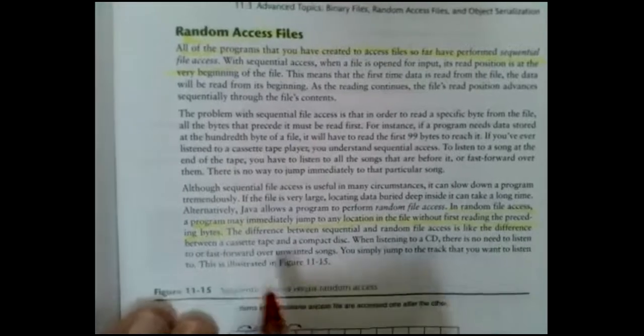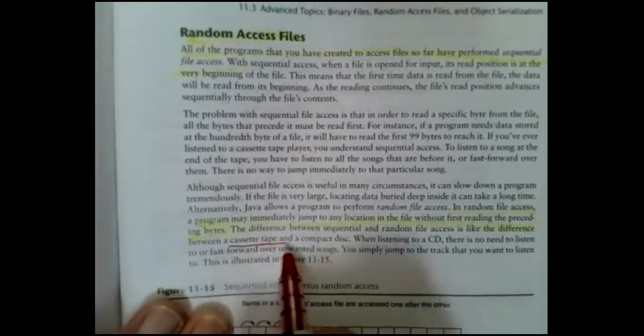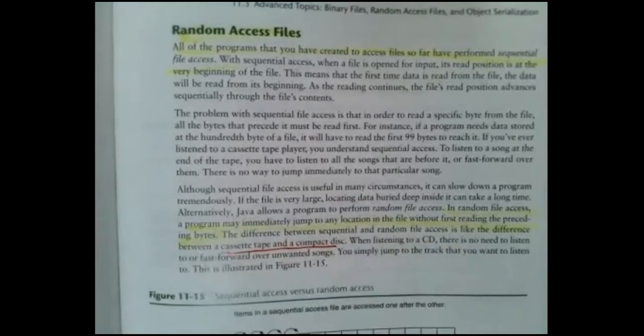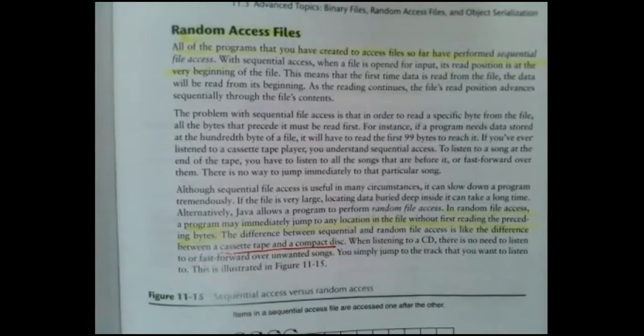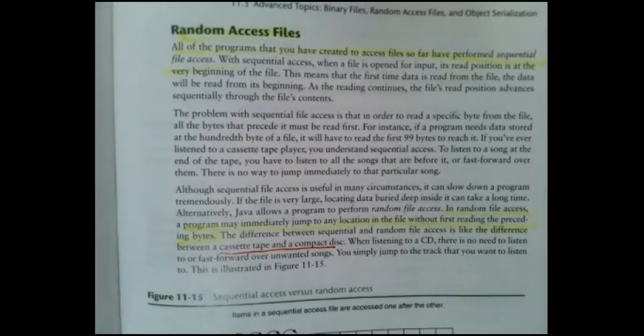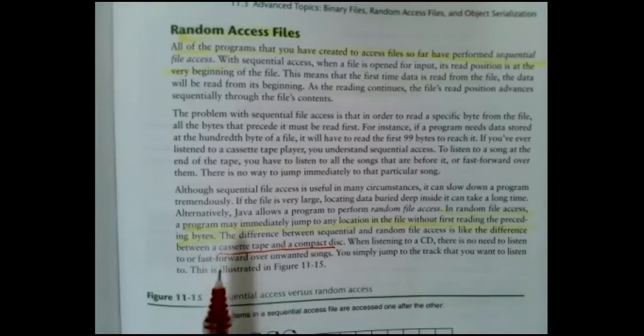I really shouldn't underline this one line, which says something along the lines of cassette tape and a compact disc. With random access files, we're not a cassette tape where we start at the beginning and have to progress all the way through. It's a little bit like a compact disc where I can jump around a little bit.